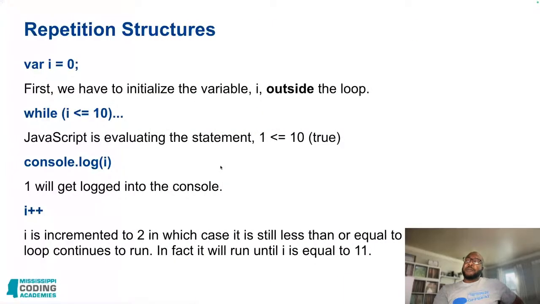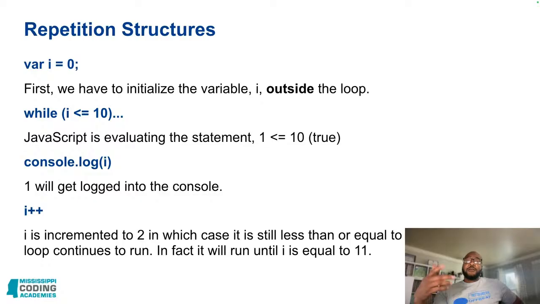But let's go back to this. So here again, we set I to 0 outside of the loop. And then I say while I is less than or equal to 10, then JavaScript is evaluating the statement. One is less than or equal to 10. That's true.